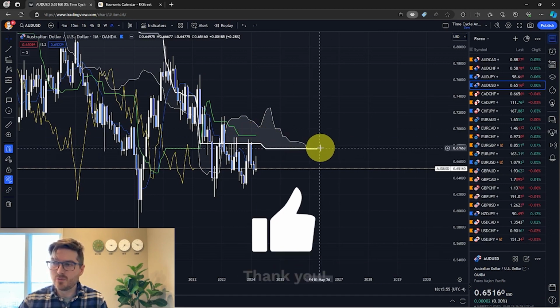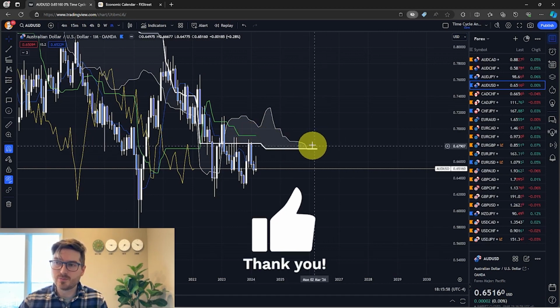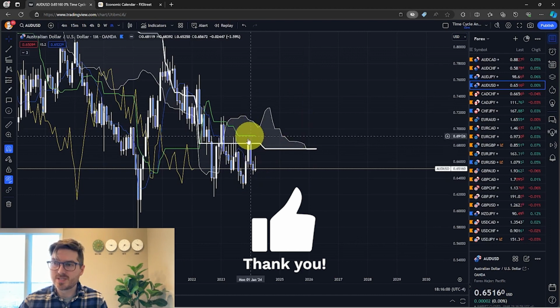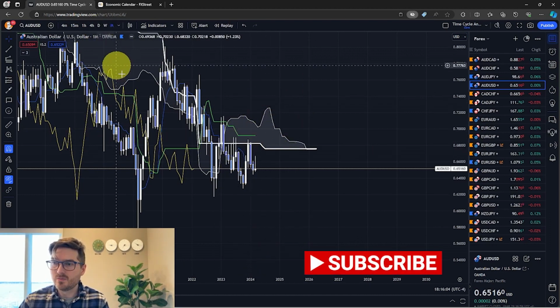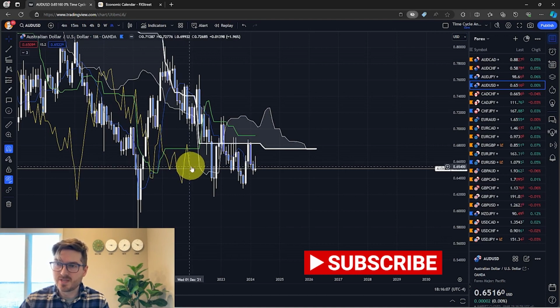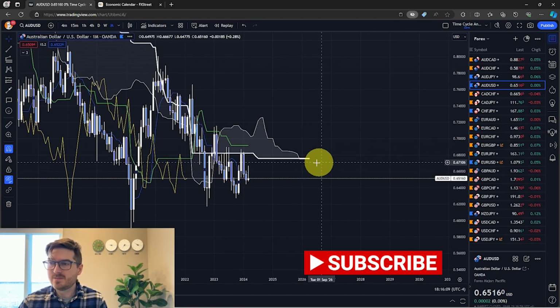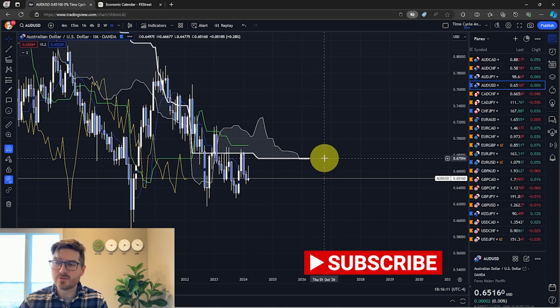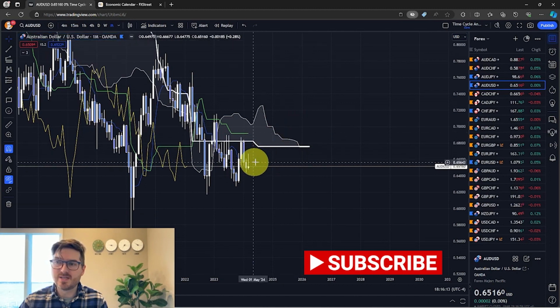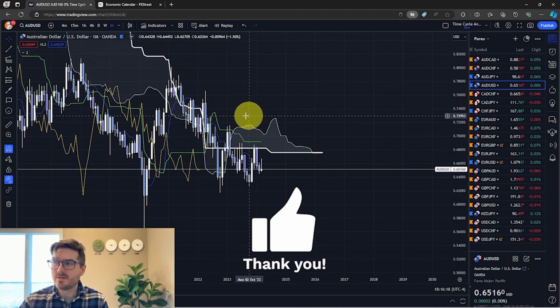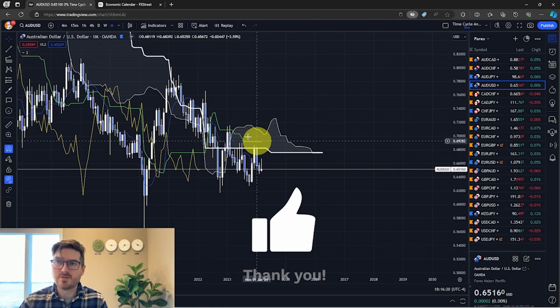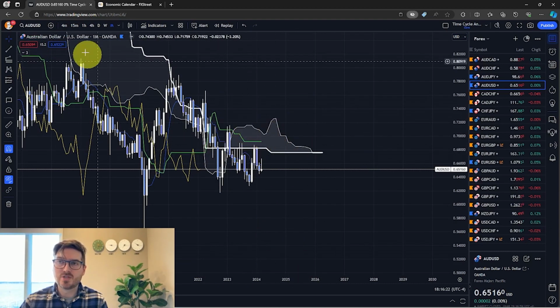However, we have no formation, no structure on the Kumo cloud, and so right now we're just stuck in a ranging market here on the monthly chart. Now, we do have the Chikou span below the candles, but we're going to need to see more structure in the Kumo cloud before we can confirm any type of bearish Kumo cloud trend. So anyways, long story short, on the monthly there really is no direction in the market.